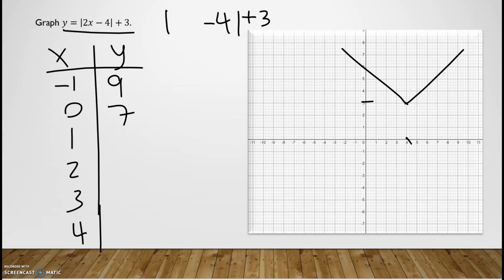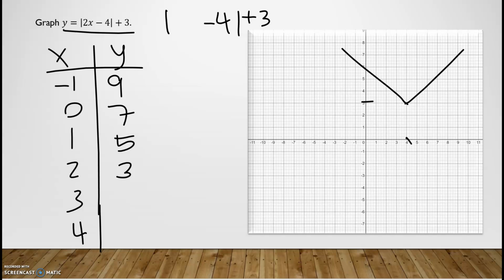Okay, and then 1 times 2 is 2. So 2 minus 4, that would be negative 2, plus 3. So that would be 2 plus 3. So that would be 5. Okay, and then 2. 2 times 2 is 4. 4 minus 4 is 0. So that would just be 3.